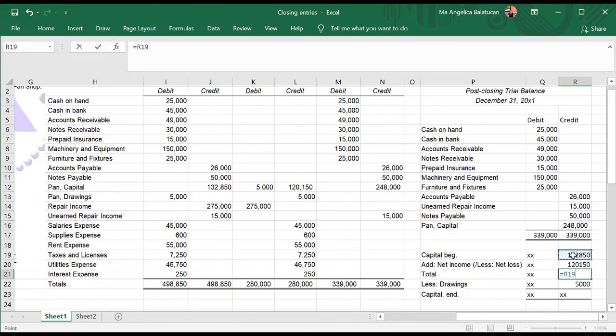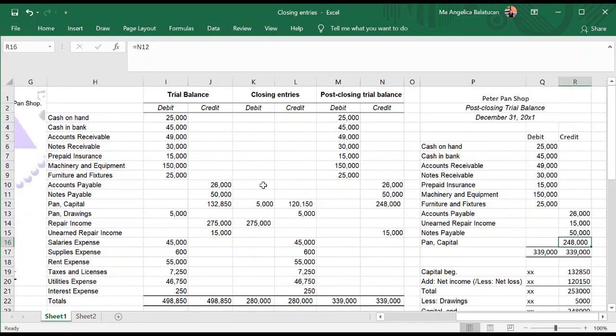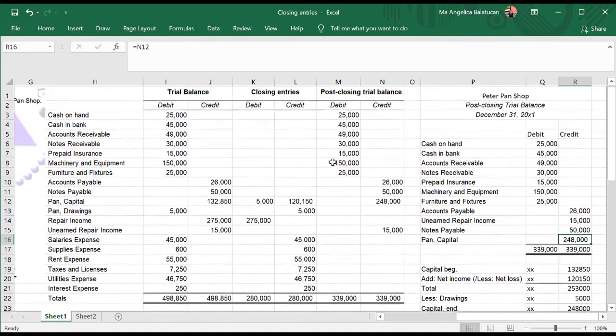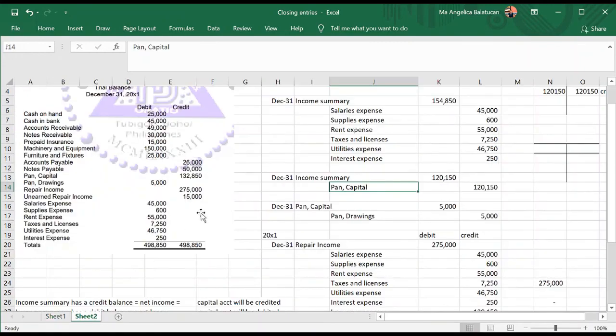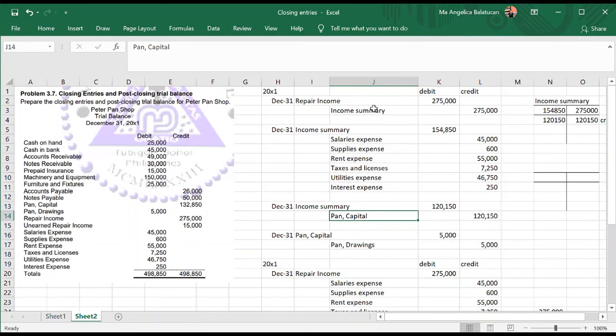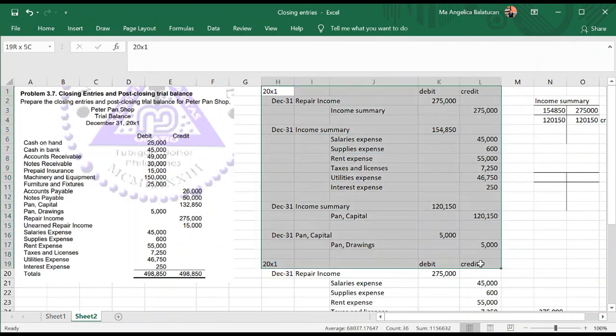This is added, and this one is deducted. So you will get 248,000, which is the amount we can find here. Okay, so that is for the preparation of the post-closing trial balance. And here we have the closing entries. So these are the closing entries.